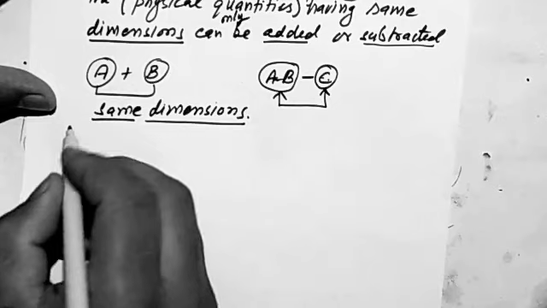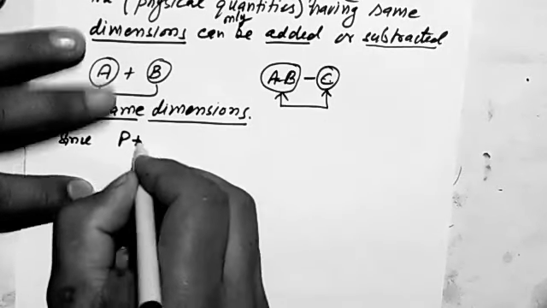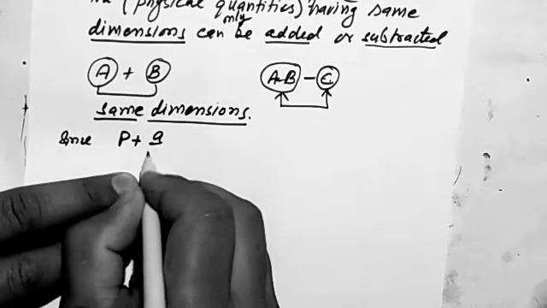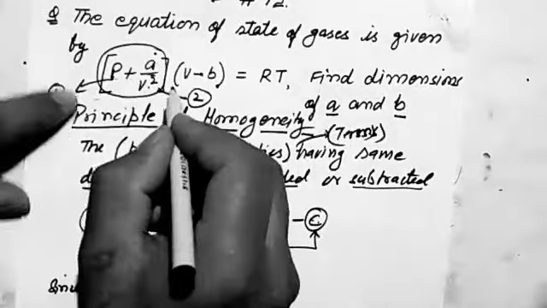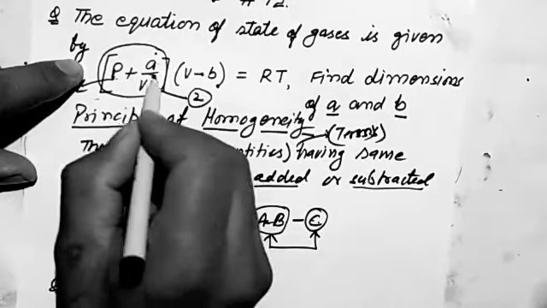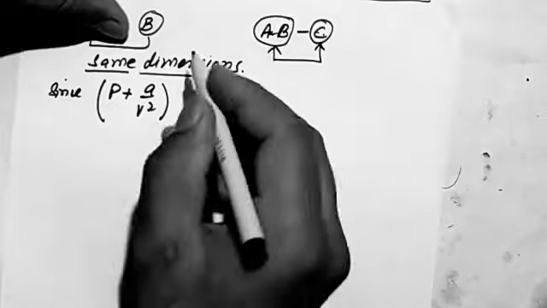Since P plus A upon V square is given in the question, these two terms are being added here.